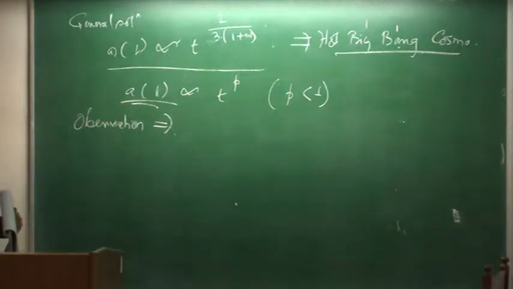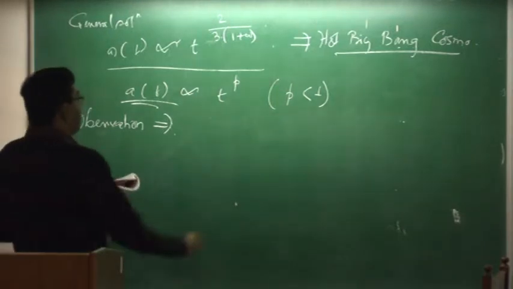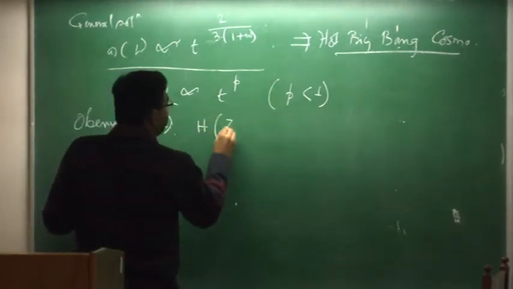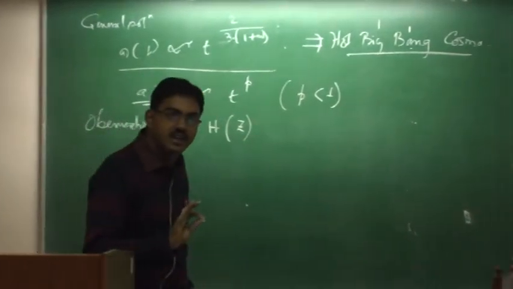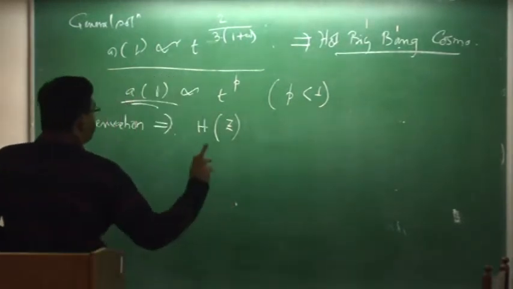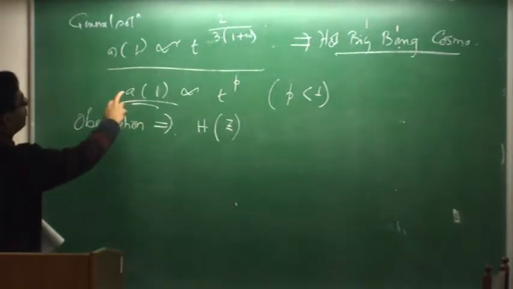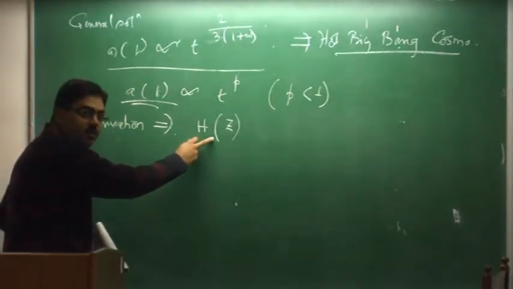Okay, fine. So from observational point of view, what you do is that you don't try to directly find out a(t). Instead, you try to probe this parameter H. I guess you know these definitions already. Okay, is it clear to everybody? Okay. So from observational point of view, you don't try to probe a(t), but you try to probe H(z). What is your H(z)?